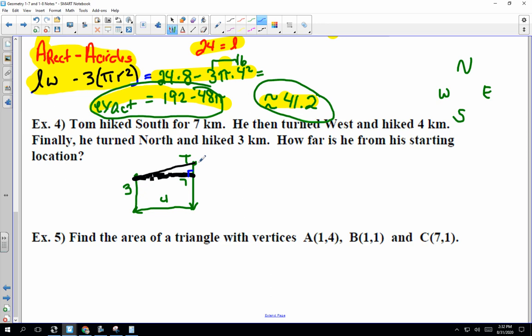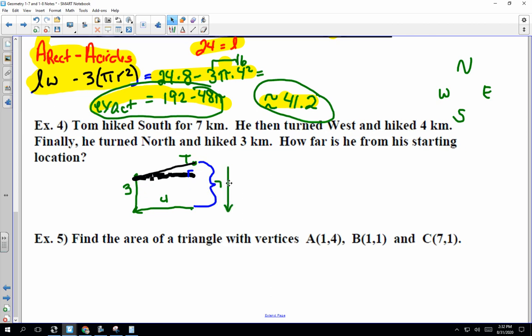So this whole thing was 7. I'm going to put it back because I guess I'm just going to draw it.